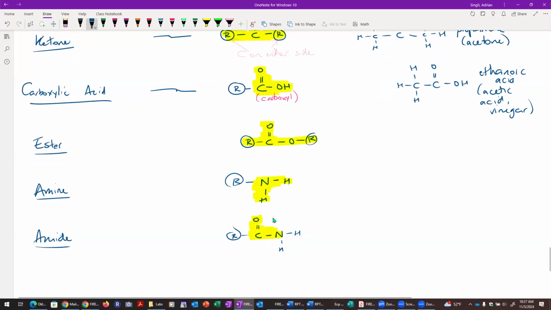Esters are also common things. If I have my C double bond O connected to the O, and on either side of this I have a couple of carbons, let's say two carbons on this side connected to H's, and another carbon on the other side connected to H's, what I end up with is a molecule. Again, it doesn't really matter what else is connected to the functional group.